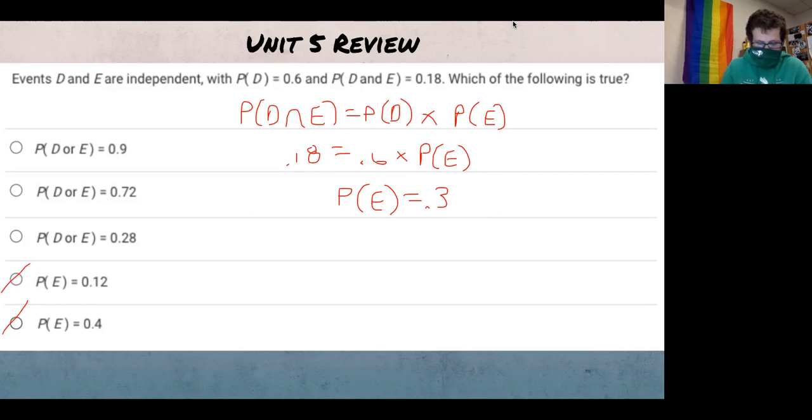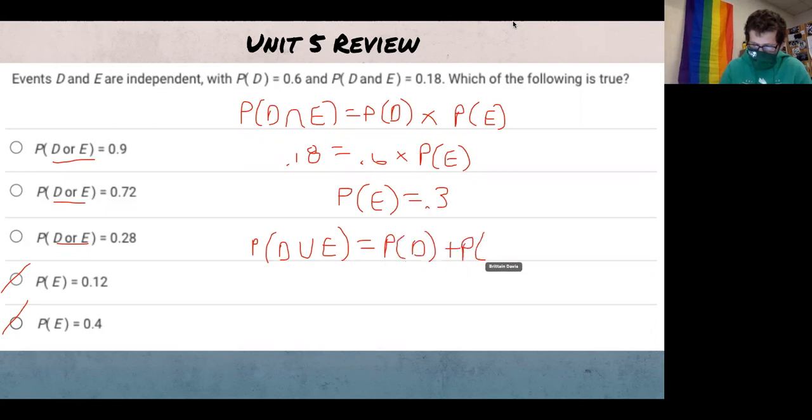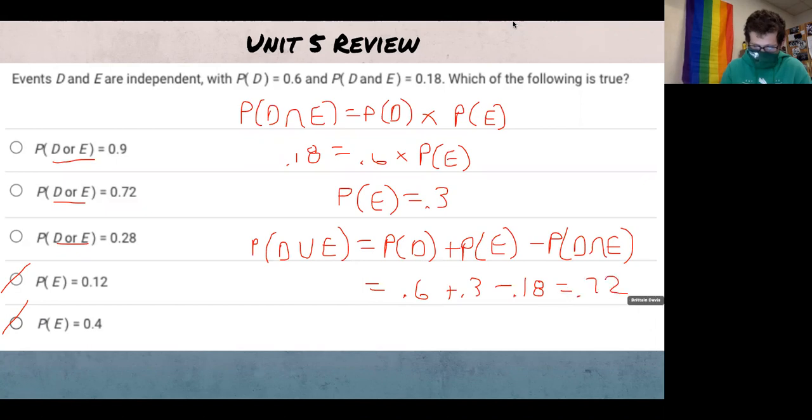Now we need to find the probability of D or E. If the events are not mutually exclusive, which in this case they can't be because they're independent, then the probability of D or E is the probability of D plus the probability of E minus the probability of D and E. So it's going to be 0.6 plus 0.3 minus 0.18, which is 0.72.